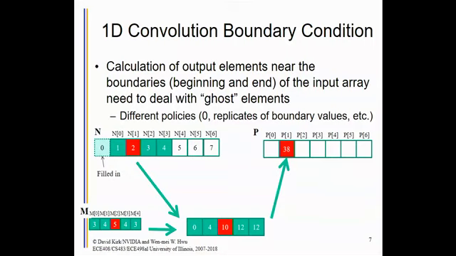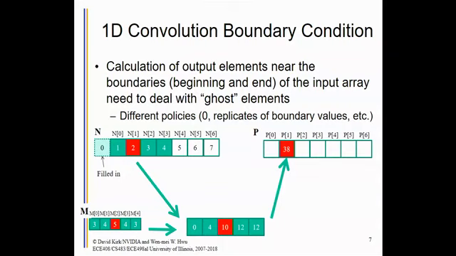But when we generate P1, we have a little bit of a problem, because P1 requires processing 5 elements around N1, but N-1 to the left does not exist. So this is what we call ghost values. These values are not in the original input.